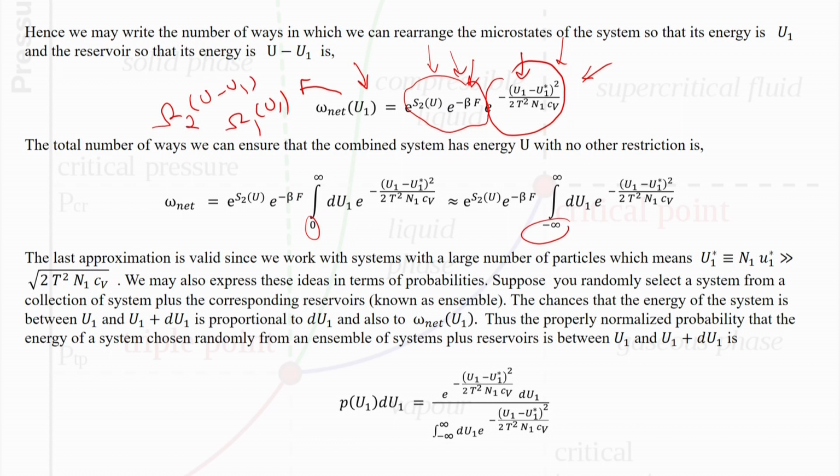So, it is like I have just added a whole bunch of zeros because I have included a new range. I have to strictly start from 0 and go to infinity, but by making this approximation, the claim is that you can go all the way from minus infinity to infinity, because minus infinity to 0 hardly contributes anything.